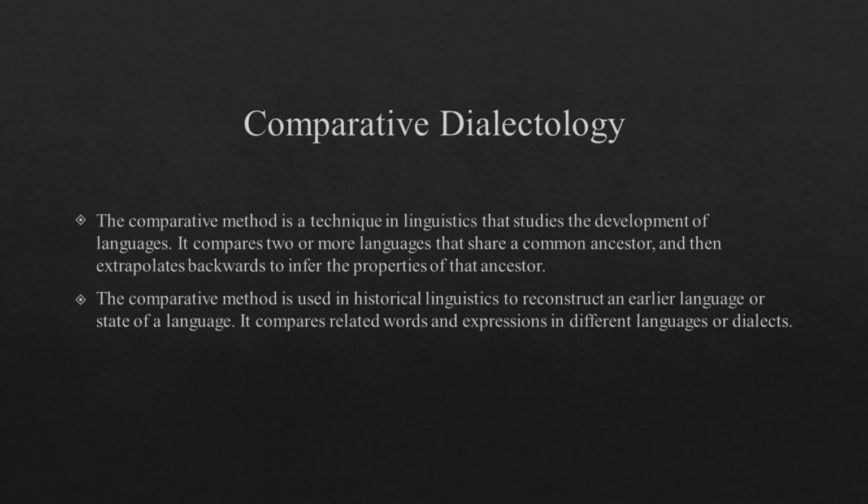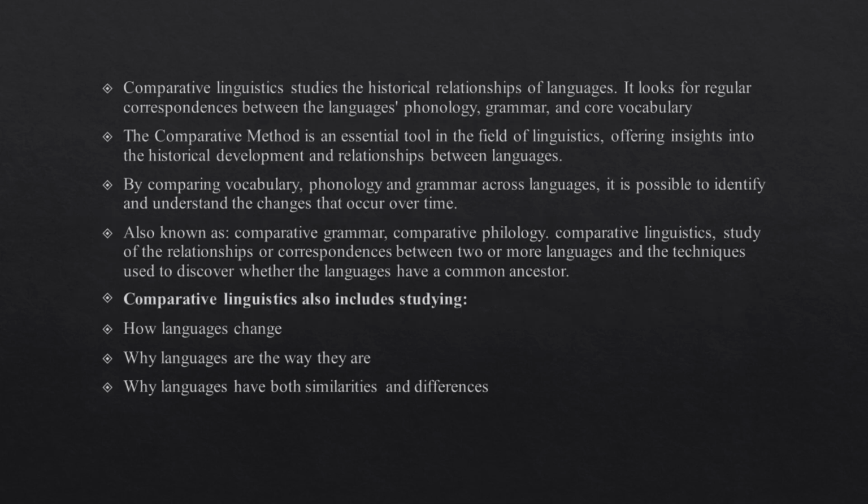The comparative method is used in historical linguistics to reconstruct an earlier language or a state of language. It compares related words and expressions in different languages or dialects. Comparative linguistics studies the historical relationship of languages. It looks for regular correspondence between the languages' phonology, grammar, and core vocabulary.